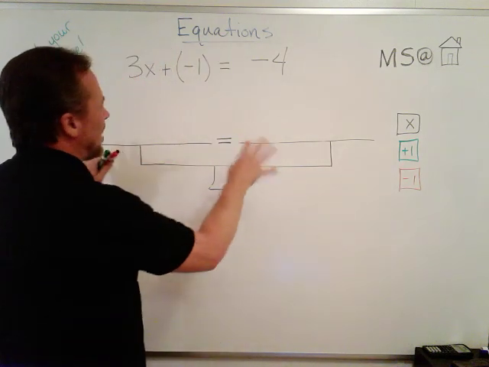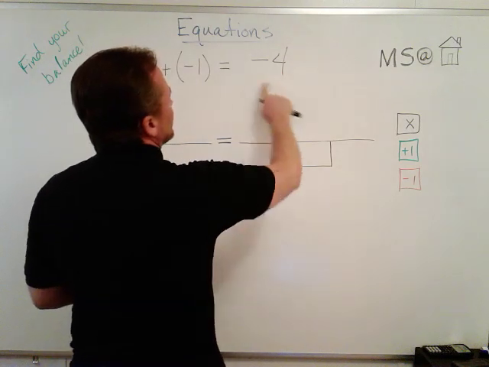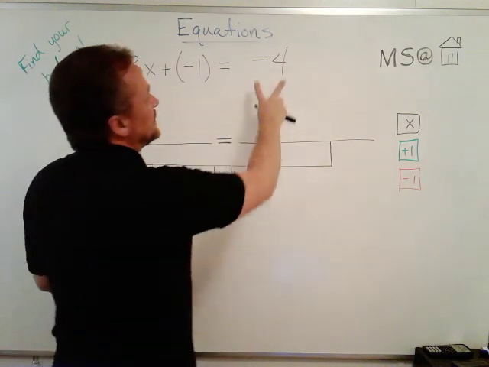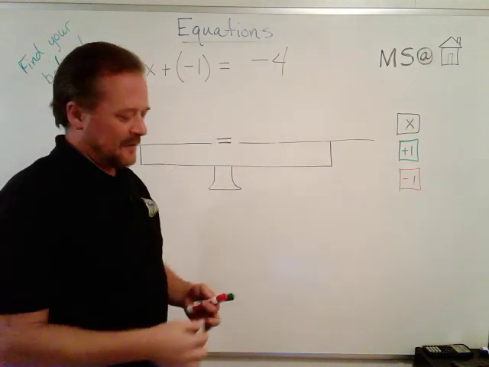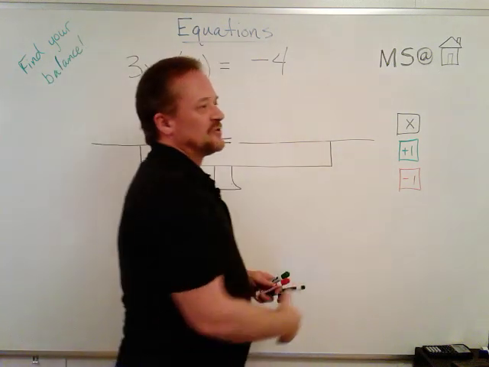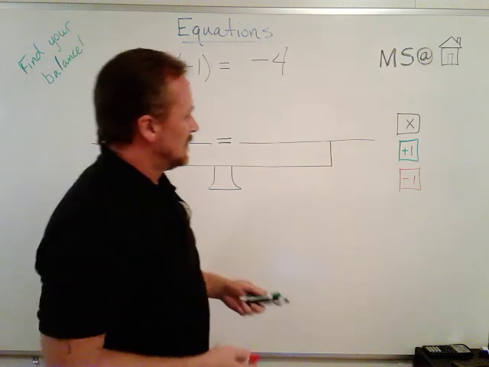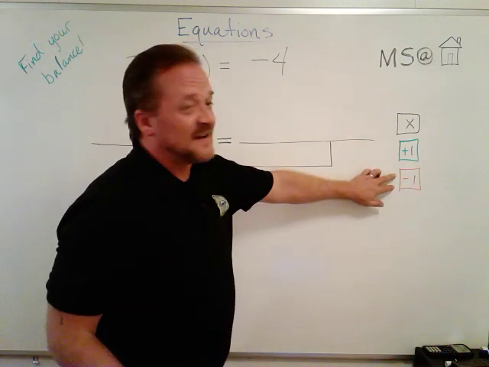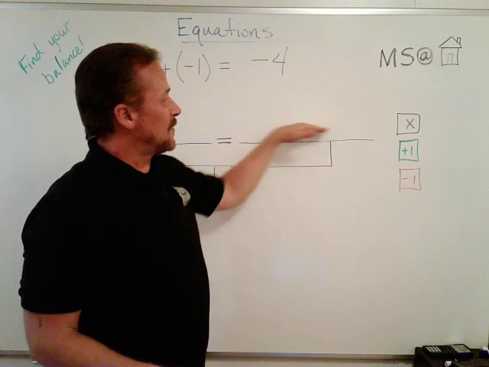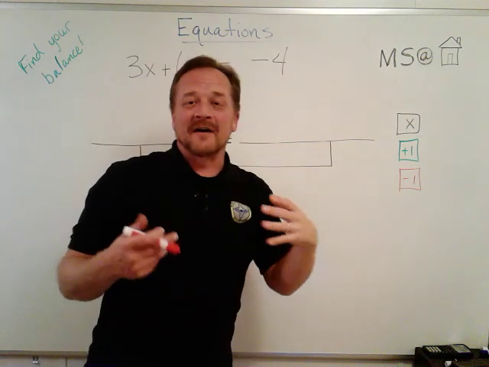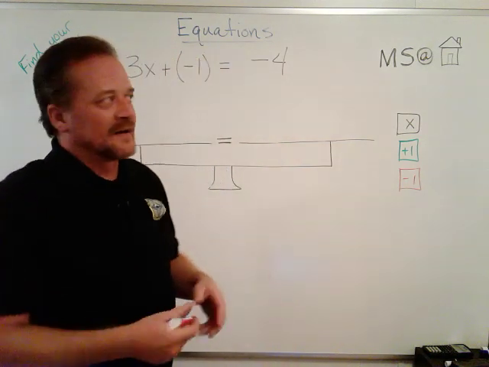So I'm gonna figure out, how do I do that? And I'm gonna start on this side because I only have one number to deal with here, and it's -4. So how can I use these blocks to show -4 on this side of the balance? Well, I can take these -1 blocks and put 4 of them, right? Because 4 negative ones is -4.